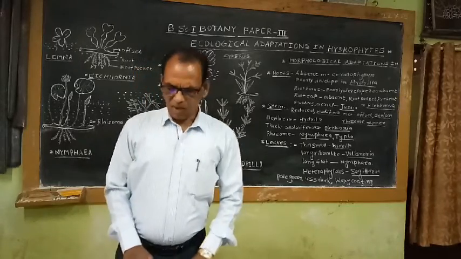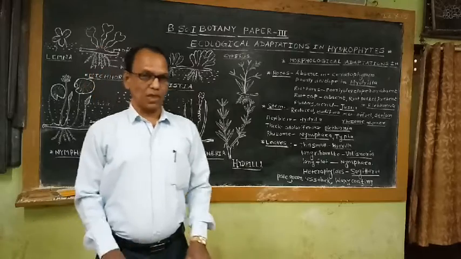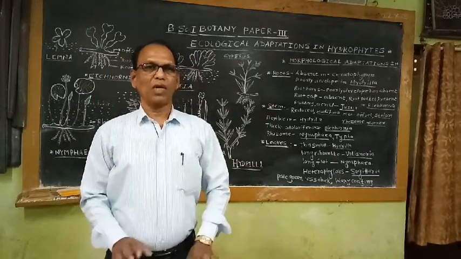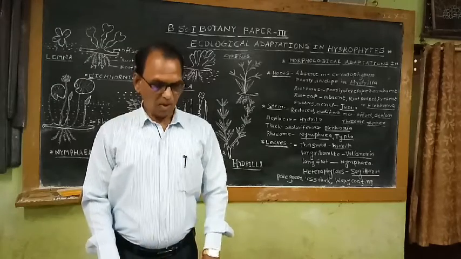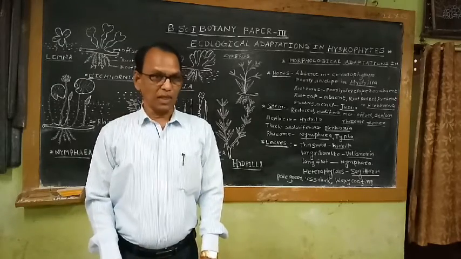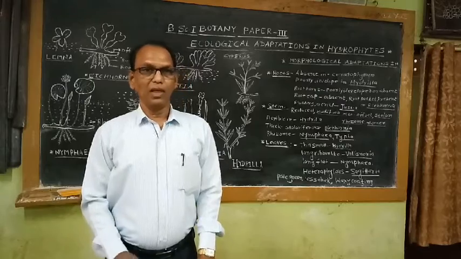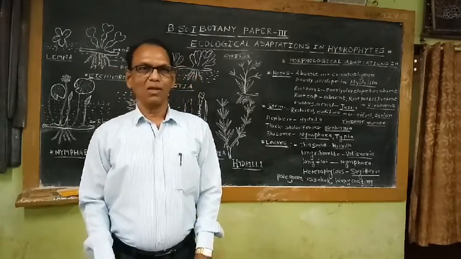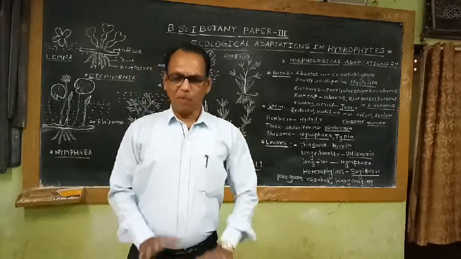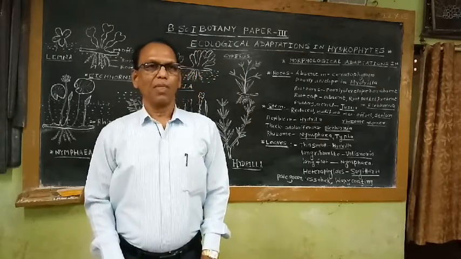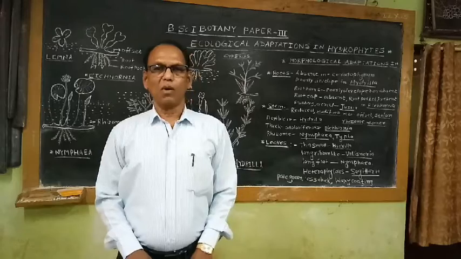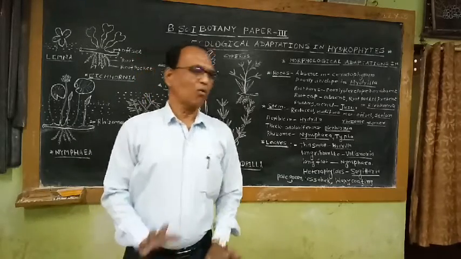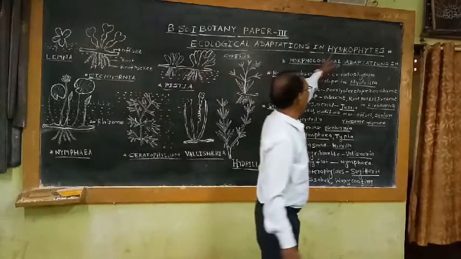That means plants which are growing in the vicinity of water, either partially below the water surface, or floating on the surface of water, or found in the banks of rivers, pools, ponds, ditches, etc. These plants are commonly known as hydrophytes.